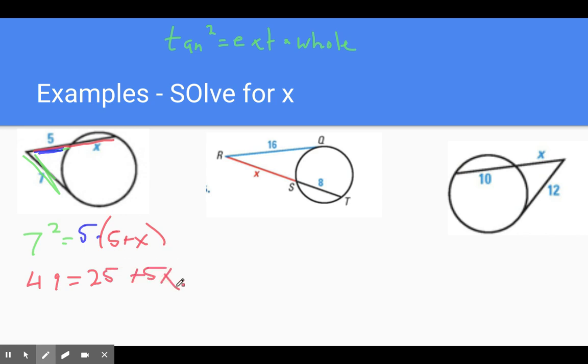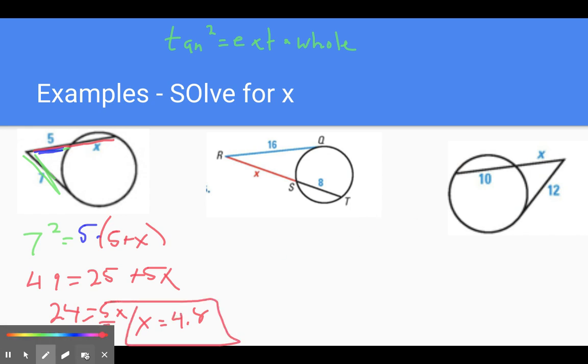All right, 49 minus 25 gives us 24 equals 5x. 24 divided by 5, that's going to end up giving us a decimal, but that's okay. Nothing wrong with decimals. x is equal to 4.8, because we divide both sides by 5 there. So that's your answer there.